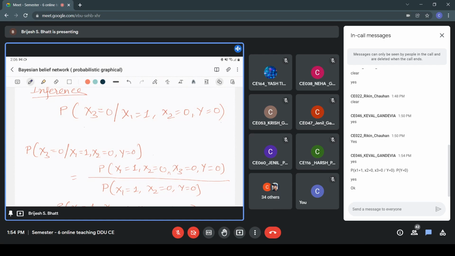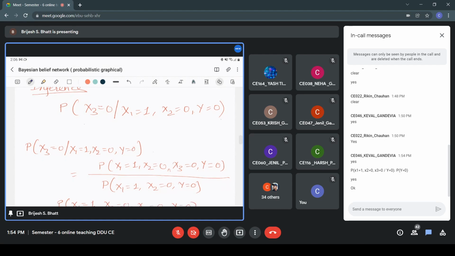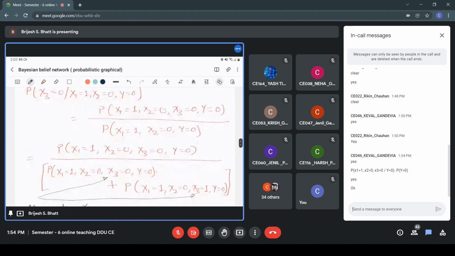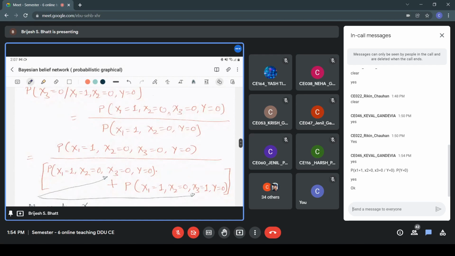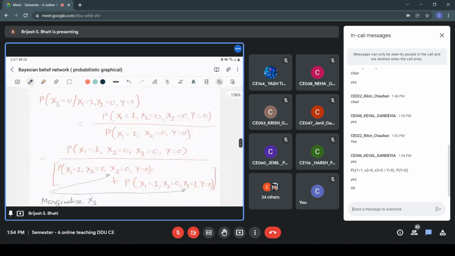But x3 doesn't matter, so we marginalize over x3 and it becomes something like this. Right? What we do in marginalization is, for the variable which is not observed, we add all possible outcomes of that variable and sum over it.